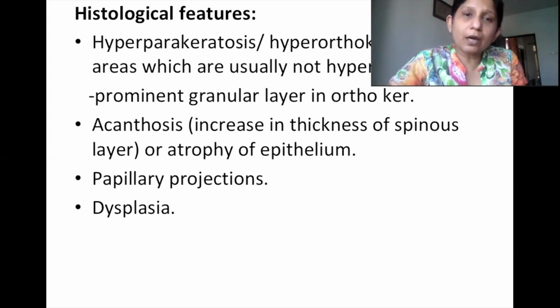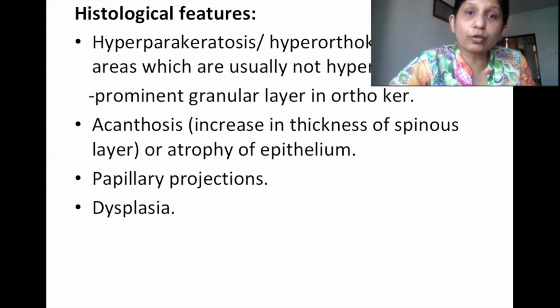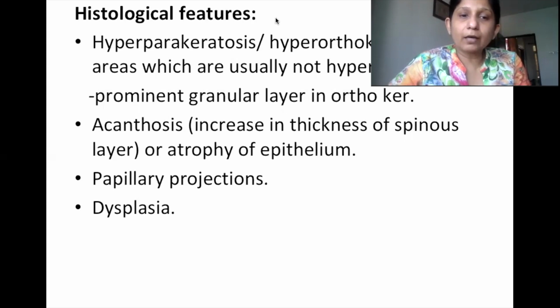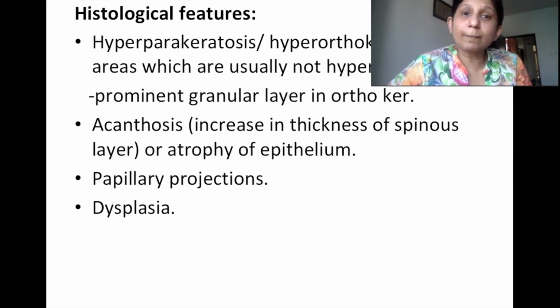The next layer below the stratum granulosum is the stratum spinosum, also called the acanthotic layer. You find an increased thickness of the acanthotic layer, and sometimes you can even see atrophy of the epithelium.